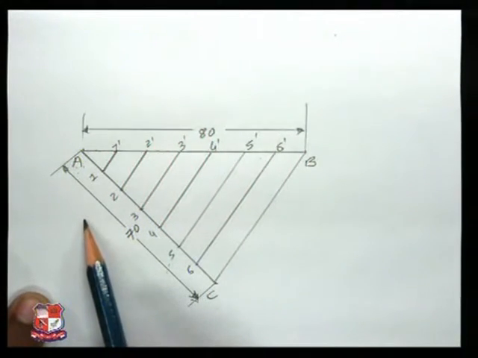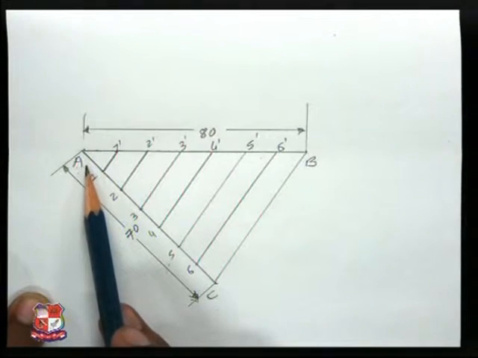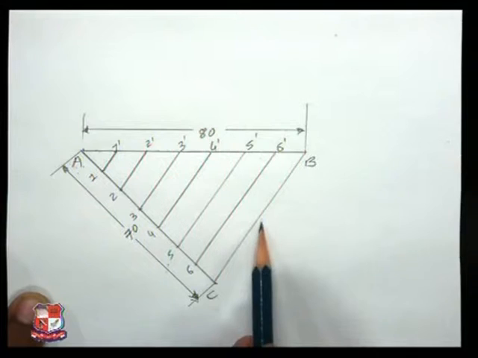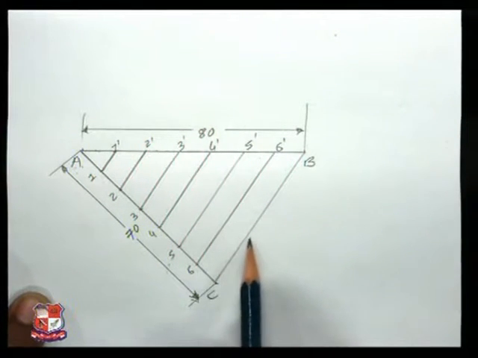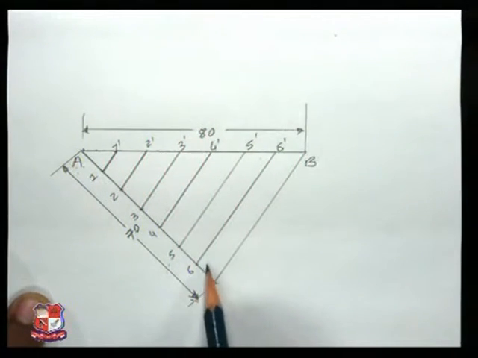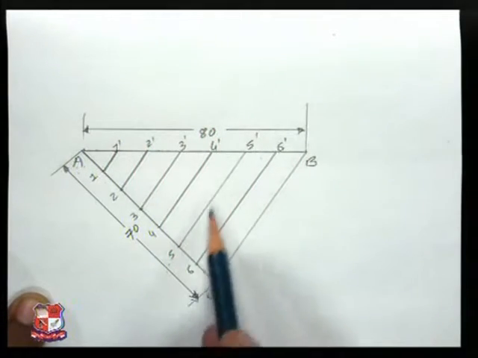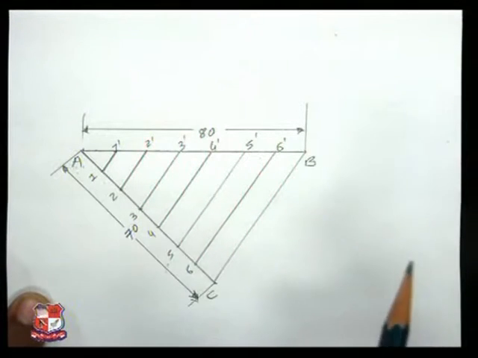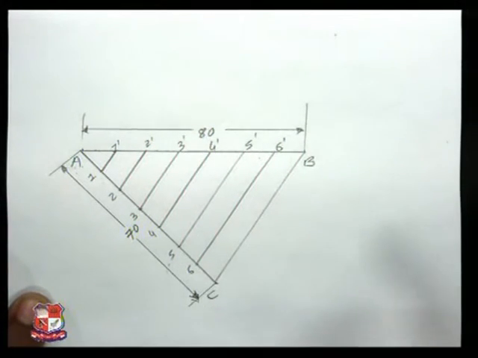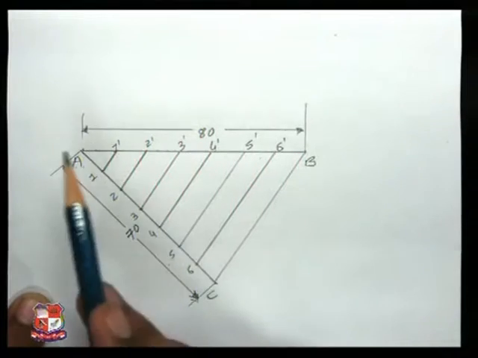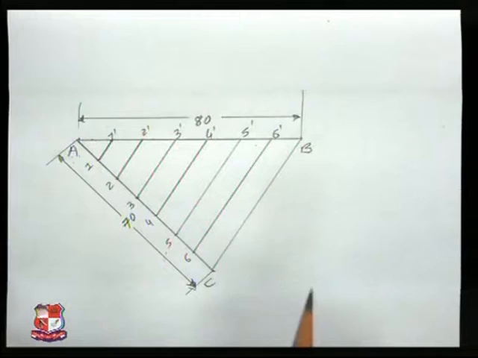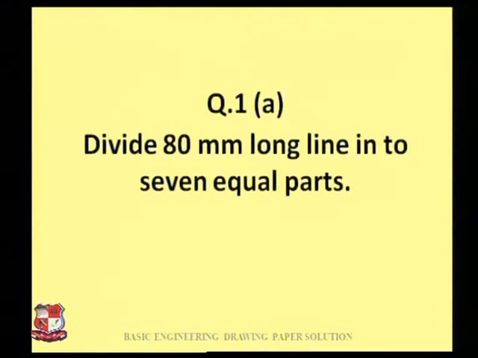This line is 70 mm, so each division would be 10 mm. Now draw lines parallel to BC from 6 to 6 dash, 5 to 5 dash, 4 to 4 dash, 3 to 3 dash, and accordingly, and you will get your desired divisions. You can use this method to divide into n number of parts. We will move forward to another question.